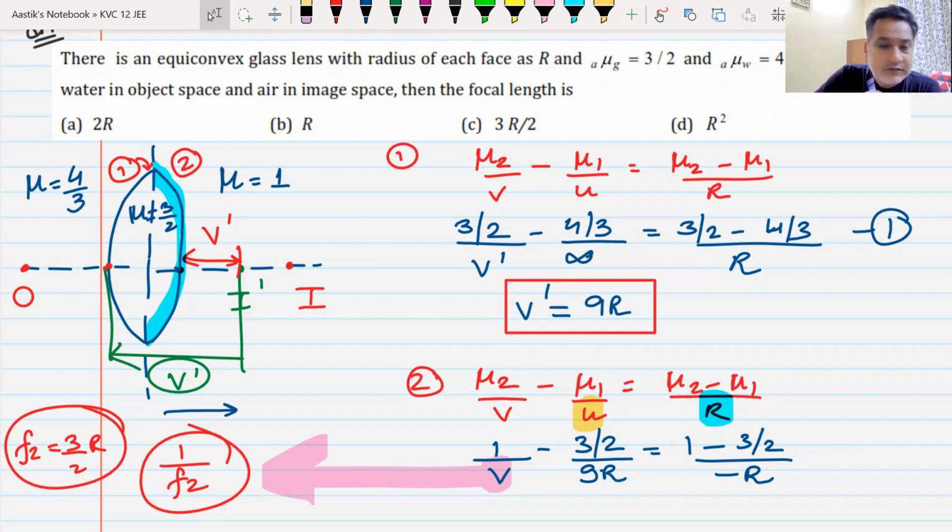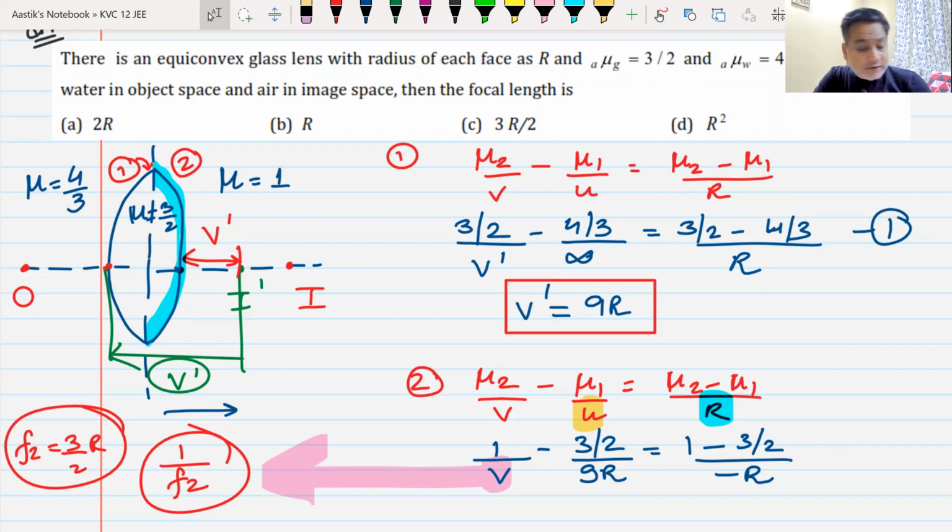Do we remember how to find out the focal length when the media are different on different sides? Do we recollect it? Yes or no? Yes, sir. So I will start.